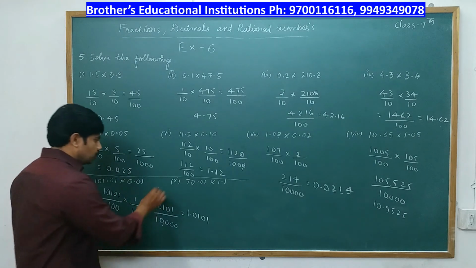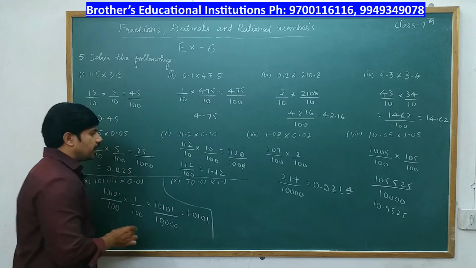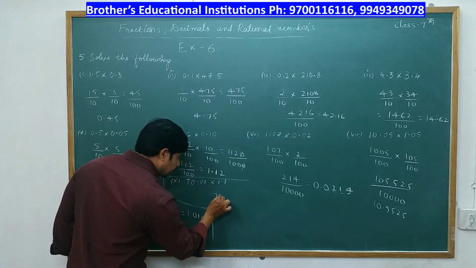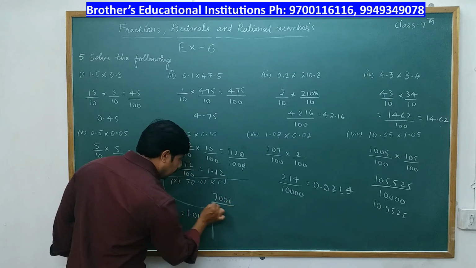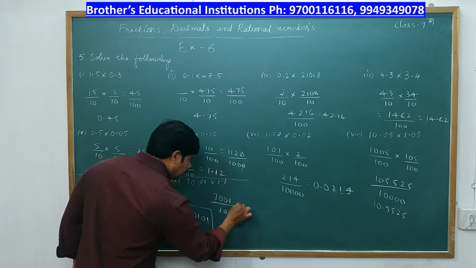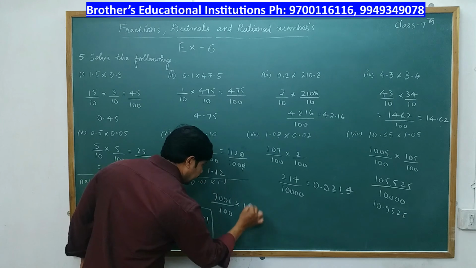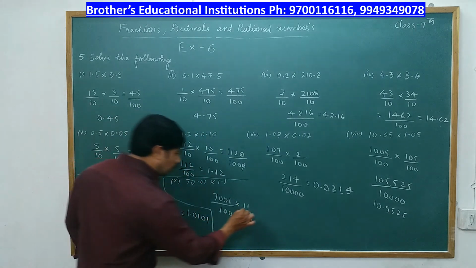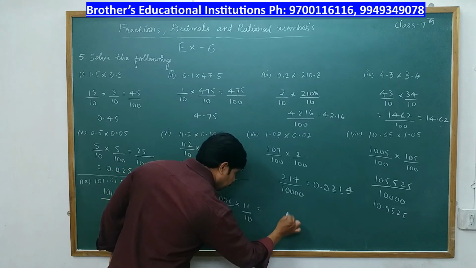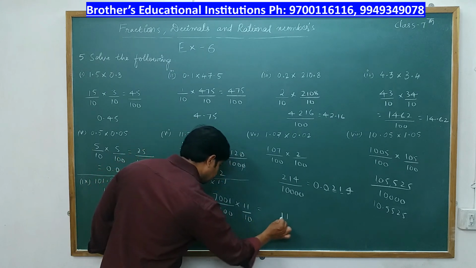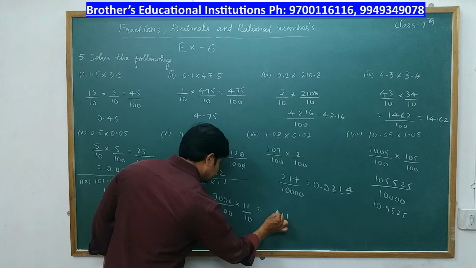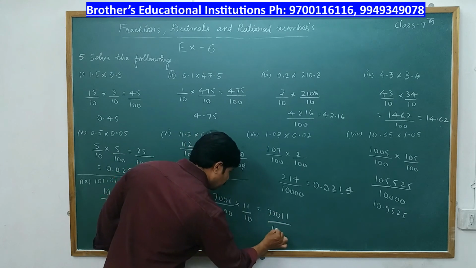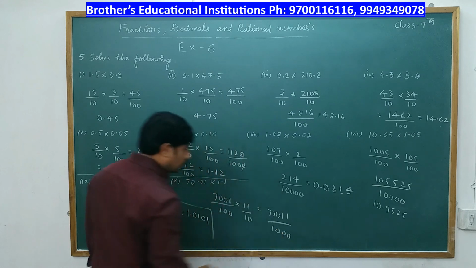Now we have the next one, that is 70.01 into 1.1. So we write it as 7001 by 100 into 11 by 10. Right? Now we multiply 7001 into 11. So that is 11 ones are 11, 11 zeros are 0, 11 sevens are 77, by 1,000.